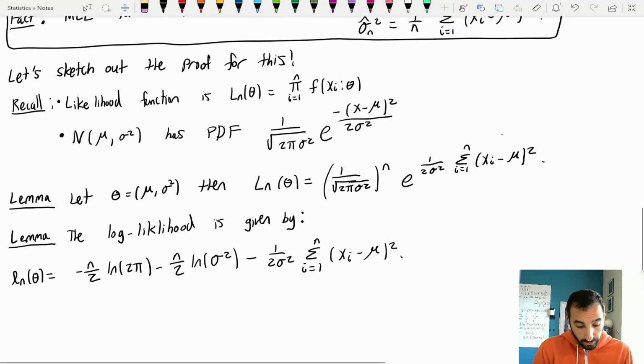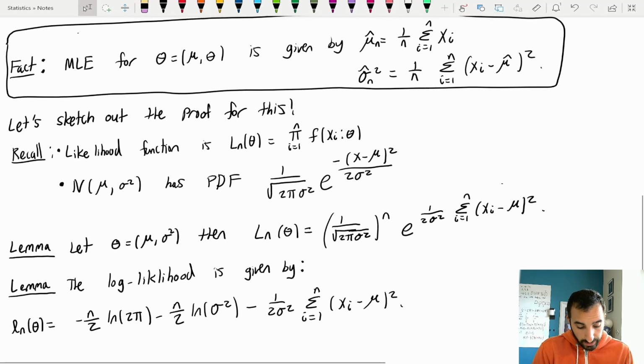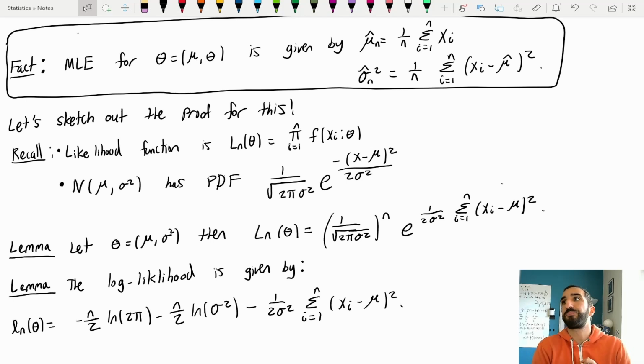First of all, let me remind you that the likelihood function is given by multiplying the probability density function for x given theta over each of your observations xi. And I'll also remind you of the probability density function for the normal distribution. It's given there. Hopefully it looks a little familiar. So let's go ahead and start.